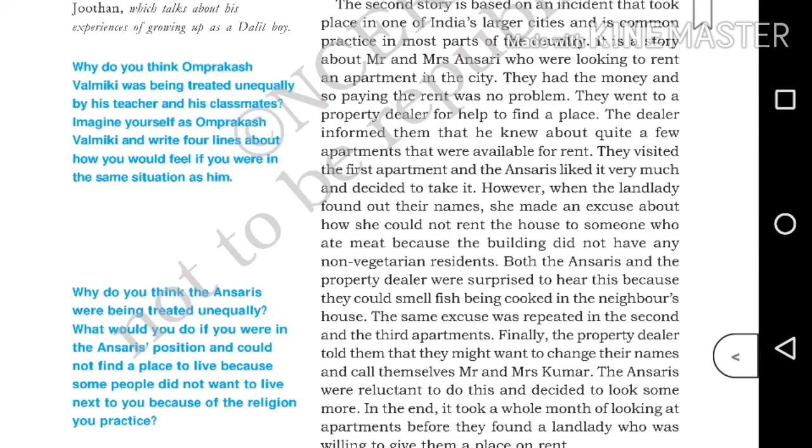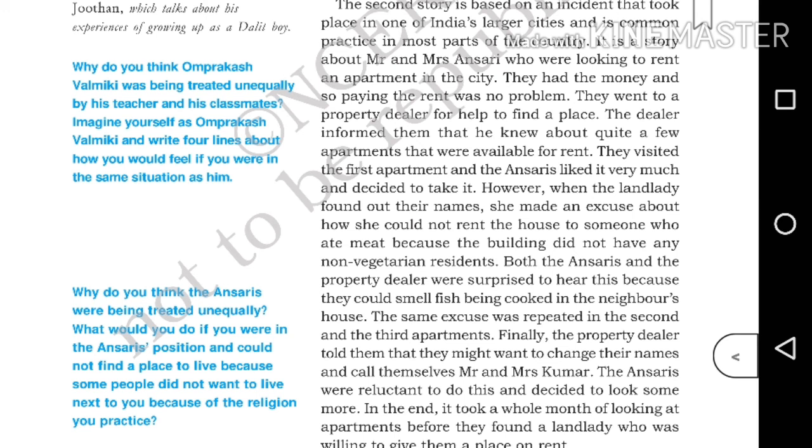They visited the first apartment, and the Ansaris liked it very much and decided to take it. However, when the landlady found out their names, she made an excuse about how she could not rent the house to someone who ate meat because the building did not have any non-vegetarian residents. Both the Ansaris and the property dealer were surprised to hear this because they could smell fish being cooked in the neighbor's house.